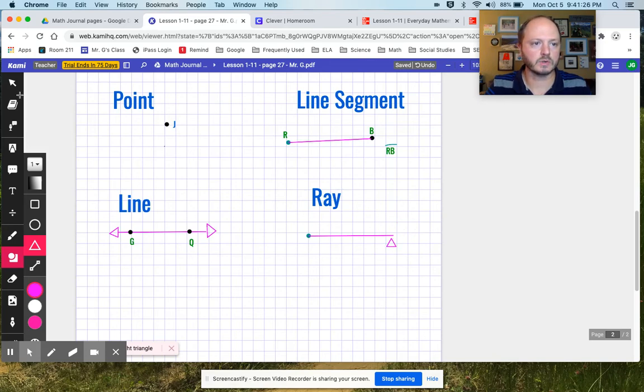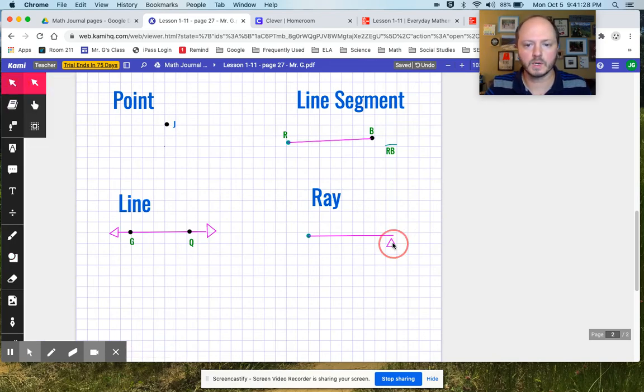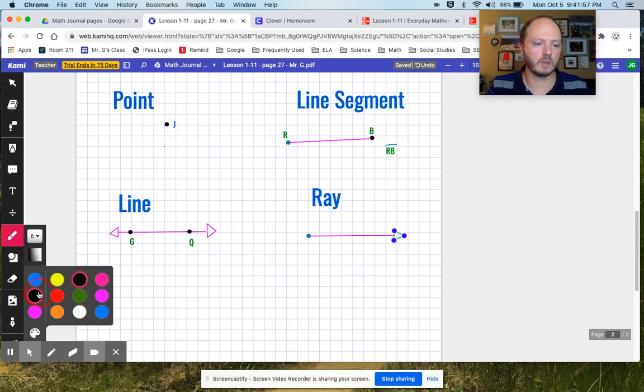So I started my triangle. I'm going to now manipulate it a little bit. I'm going to adjust it like this. There we go.